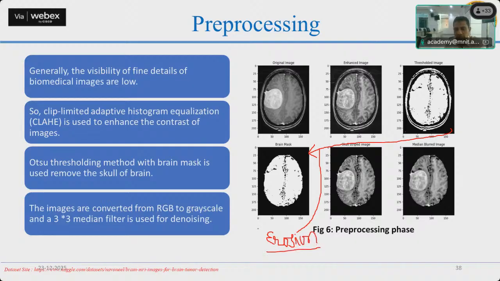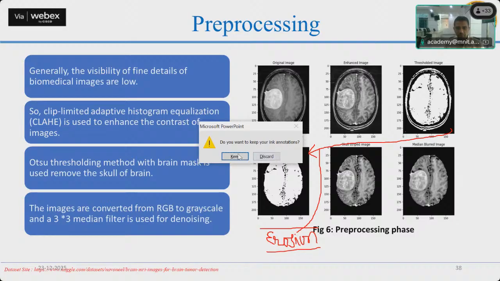Are you able to recall? We discussed these things under the morphological operations. We also use Otsu thresholding. Where is the Otsu thresholding? Just let me show you.